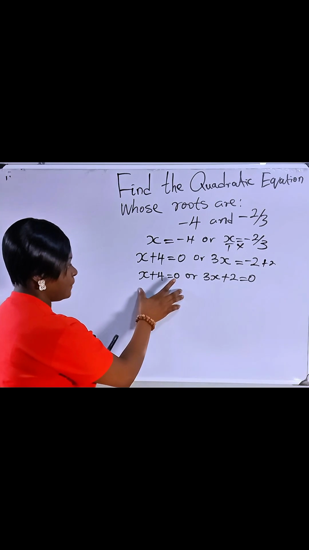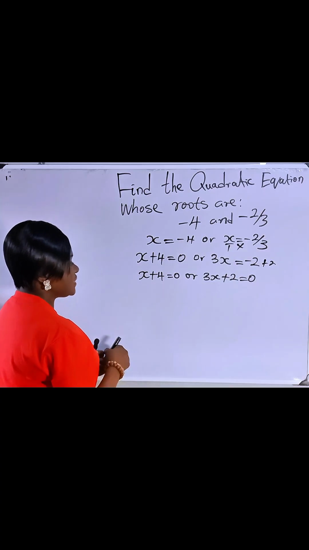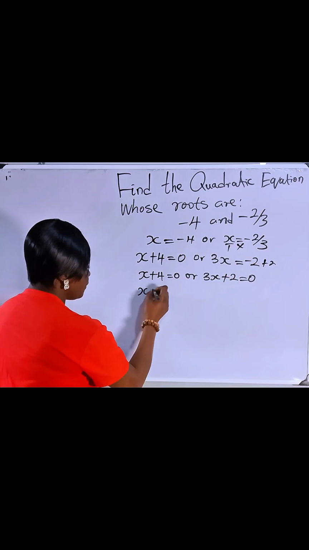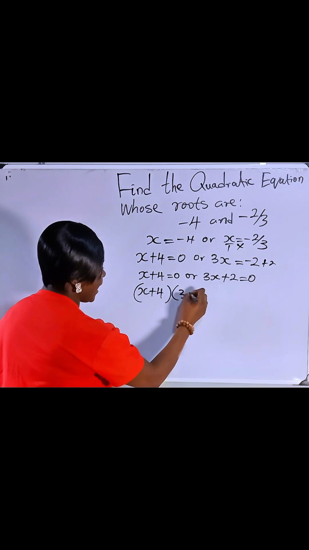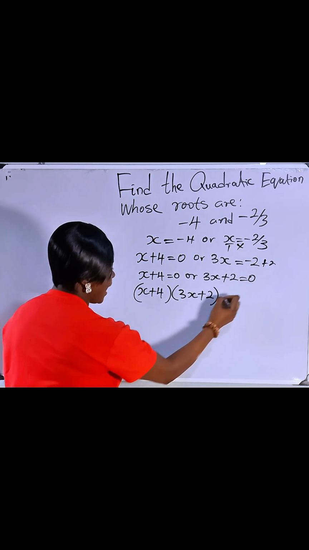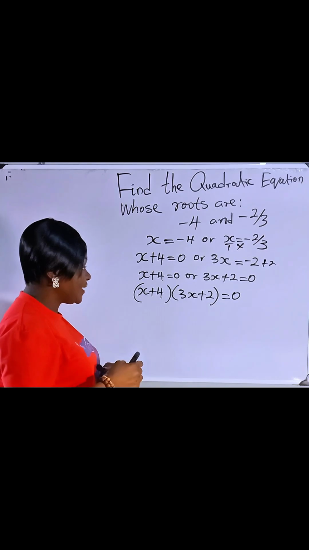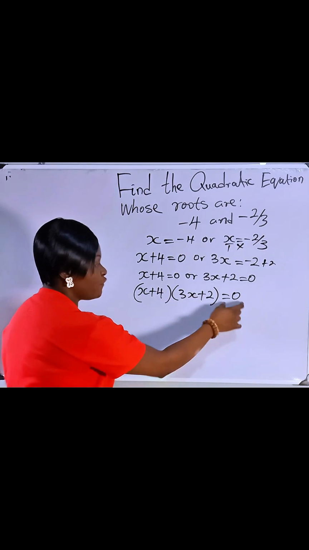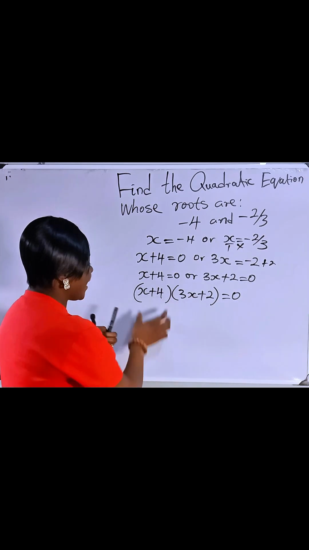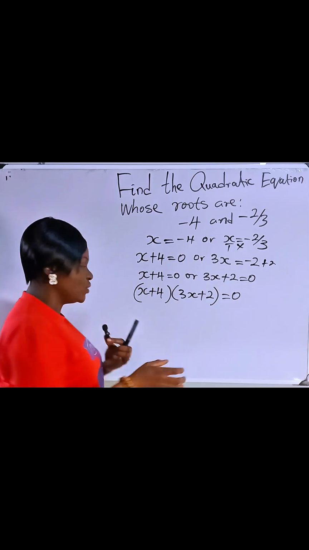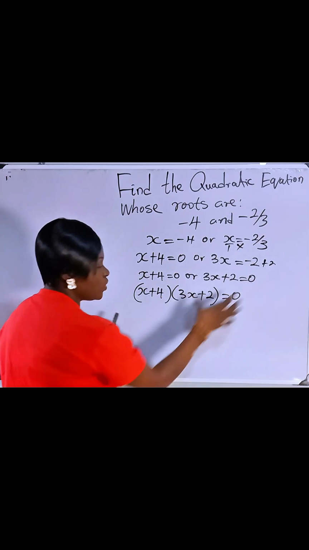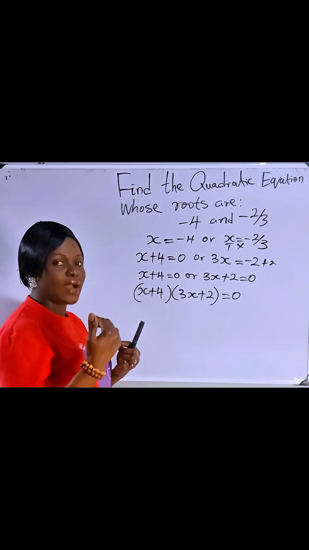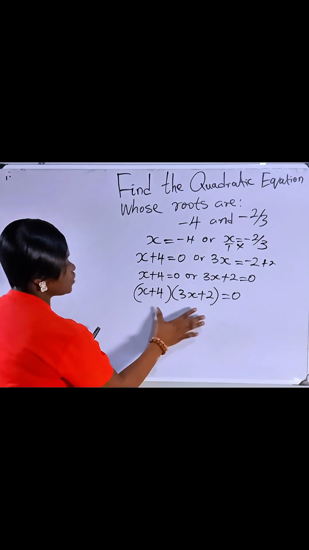So x plus 4 is multiplied by 3x plus 2, and everything is equated to 0. The product of these gave us 0. That is why, applying the zero product rule, either this is equal to 0 or this is equal to 0. We are trying to go back to the question.